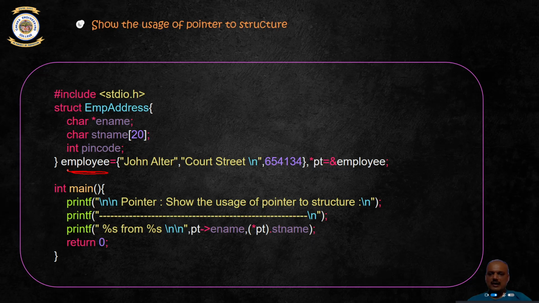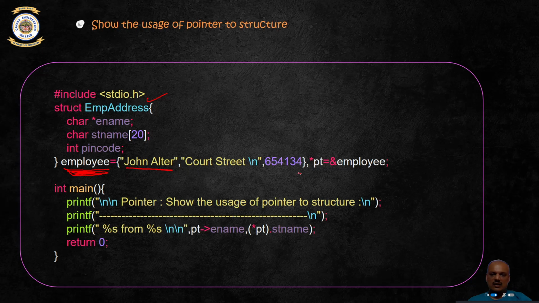Okay, so I normally use it as an object or an instance, both are one and the same. So here is an instance created out of the employee structure, and the instance has been initialized as well. So the character pointer points to the string literal.